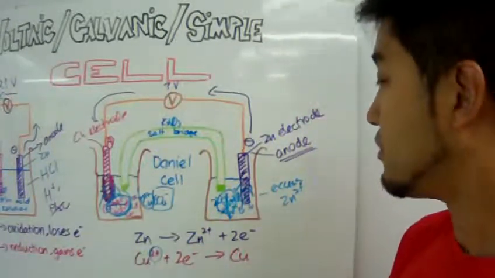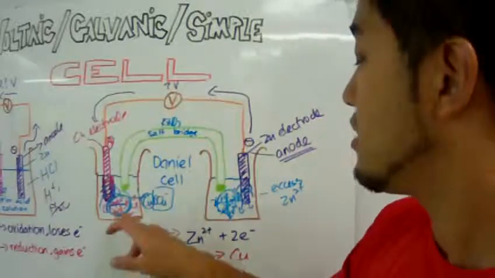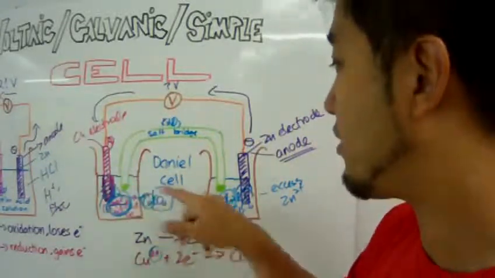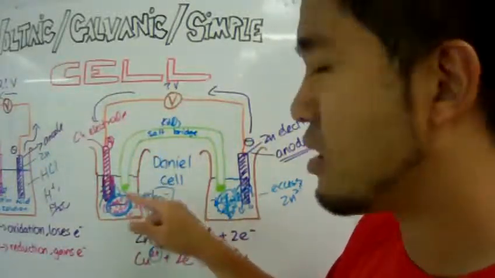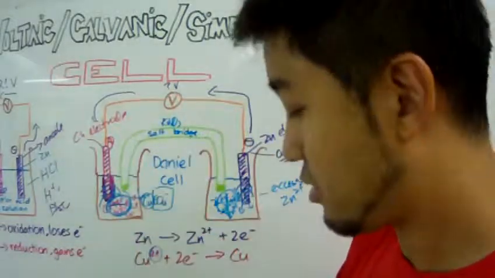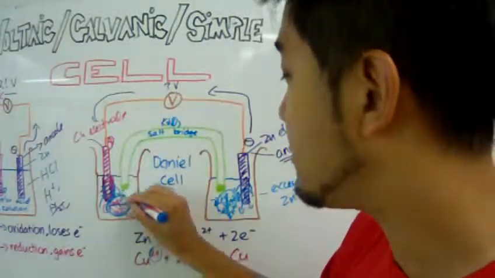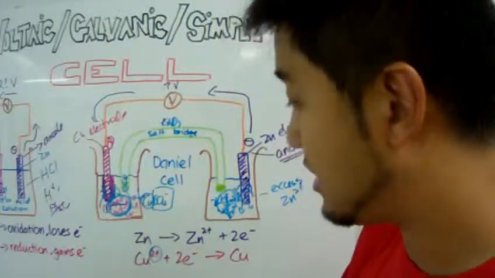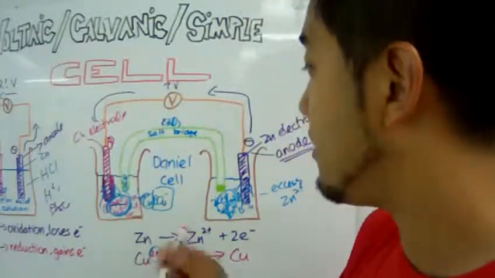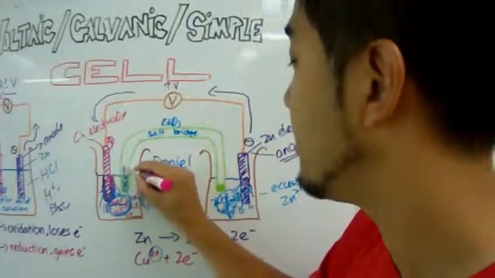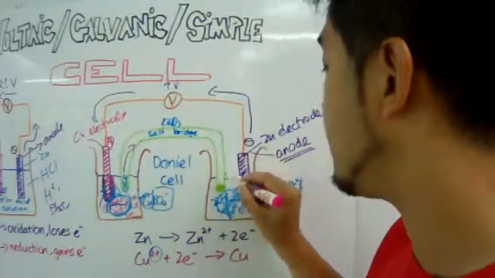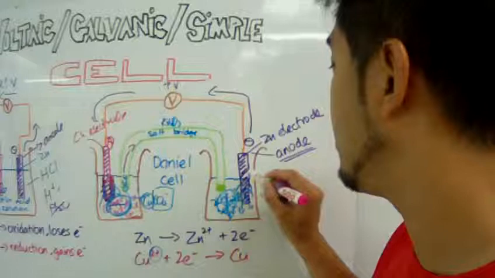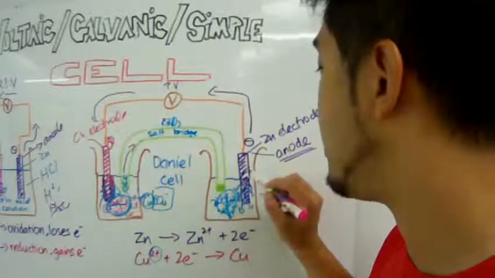And what's going to happen? The migration of ions will start happening. The negative ions on this side are going to move through the salt bridge to the other side and get attracted to the anode.